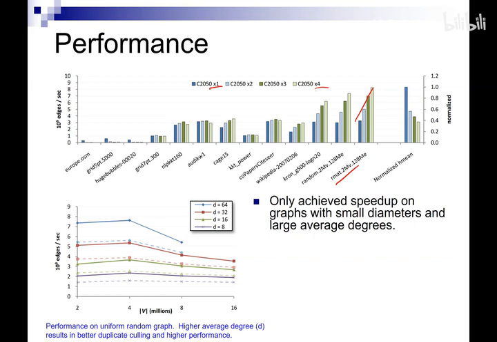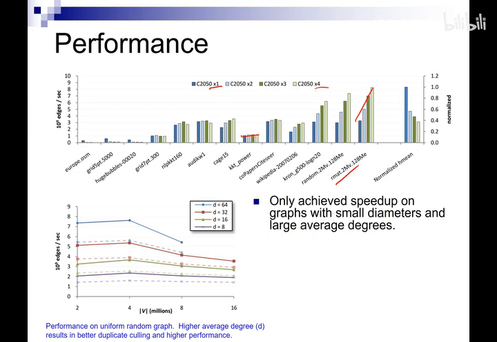However, there are other graphs where you either get no improvement by having more GPUs, or there are even graphs where you get a huge decrease in performance as you go to more GPUs. For example, on this roadmap graph, for the European roadmap, I'm not sure what these numbers are, but it seems like with 4 GPUs, you're going much slower than even having a single GPU.